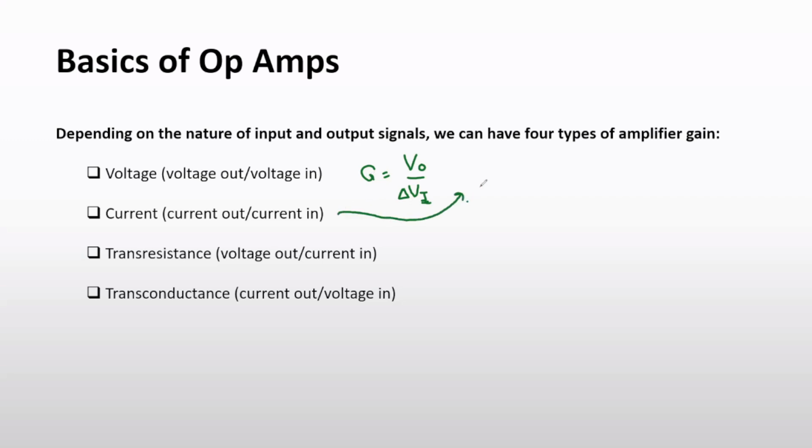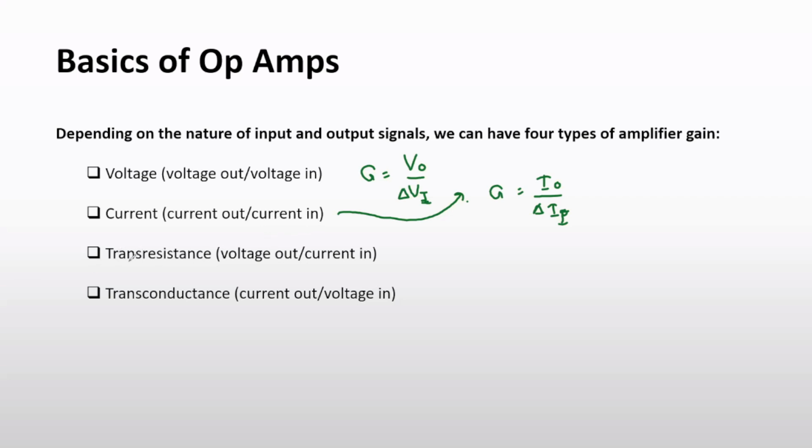And in this one, the gain is given by the currents. So in the current type of amp, the gain is given by the current out over current in.